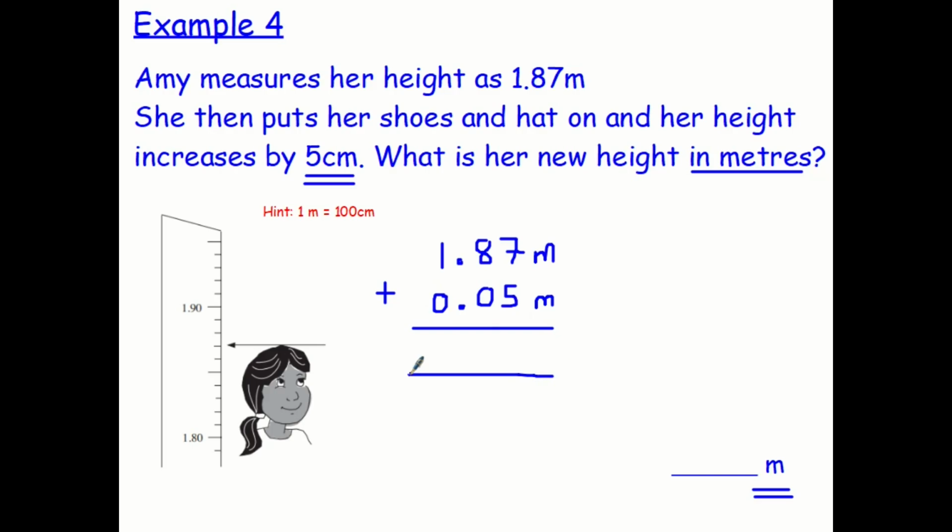So now I can add these two numbers together. 7 plus 5 is 12, carry the 1, 8 plus 0 plus 1 is 9, put the decimal point, keep it in line, 1 plus 0 is 1, so her new height is 1.92 metres.